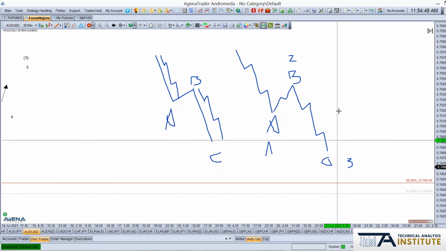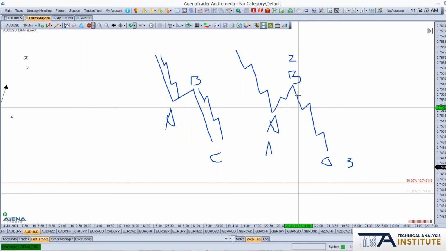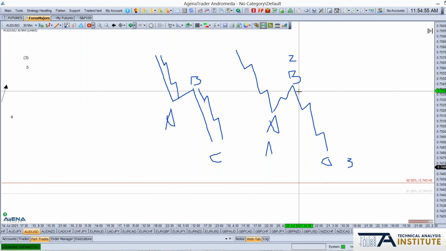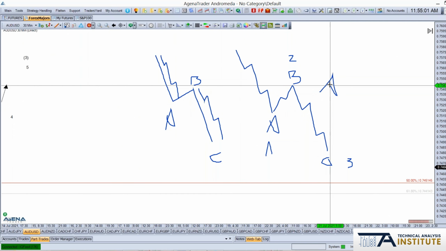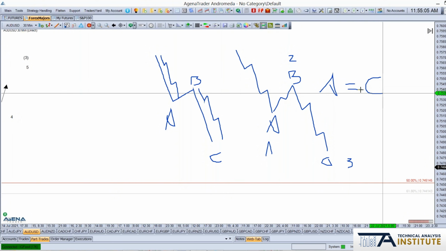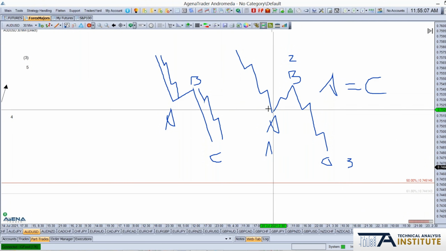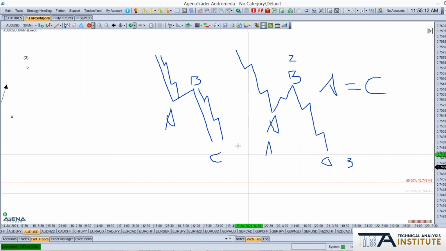Typically, one thing that characterizes zigzags is that wave C of a zigzag tends to be equal to wave A. It's not a rule, okay, don't confuse that, but A typically in a zigzag tends to be equal to C. And so whenever we are trading a zigzag, this is a very good example, just a second.